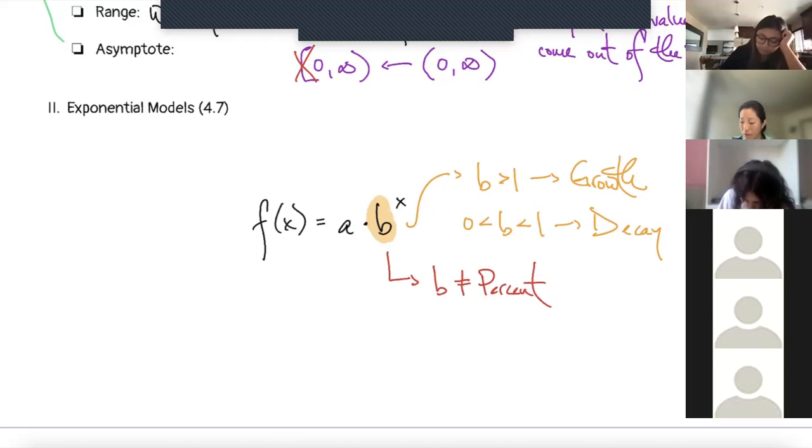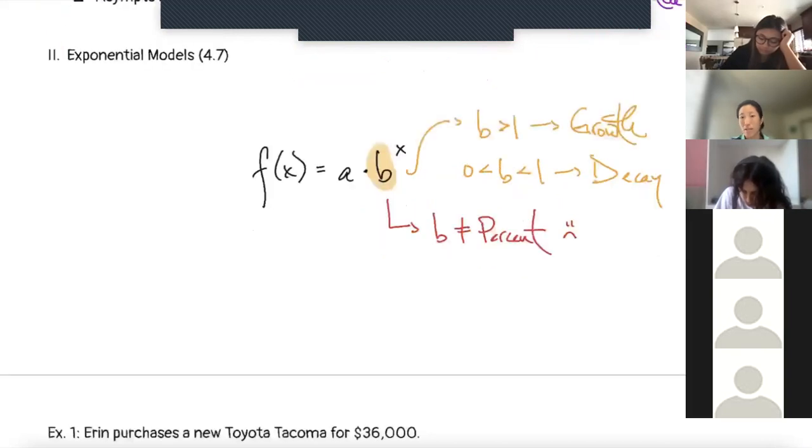It turns out that if we want to find b, we are going to use the percent. The percent tells us about b, it's just not equal to b. In fact, if we plug our percent into this handy dandy equation, we're going to be able to find our b value.